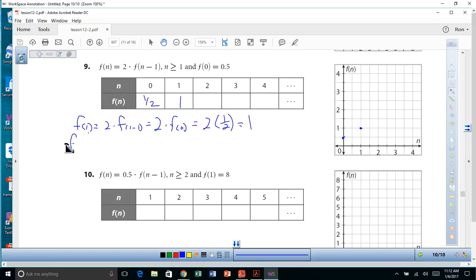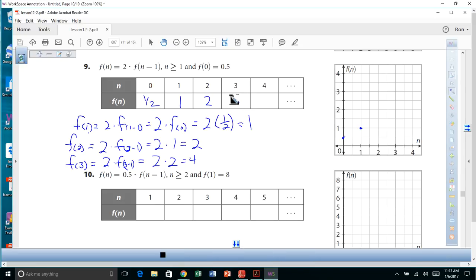All right. F of 2 equals 2 times f of 2 minus 1, which is 1, right? So 2 times f of 1, which is 1, and that gives you 2. So we're going to have a 2 here. F of 3 equals 2 times f of 3 minus 1, which is 2. So 2 times f of 2, which is 2, and that's going to give you 4. That doesn't look real good.